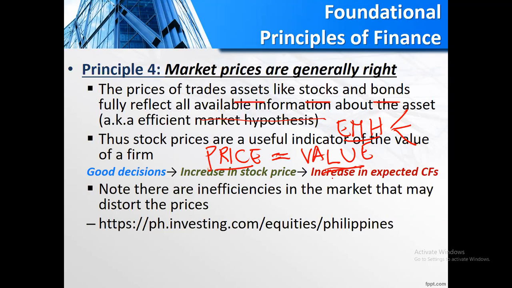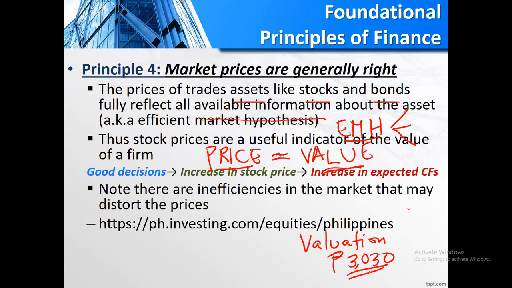So for example, let's say we did valuation. When we do valuation, we use the information about the company and try to come up with a computation for the value of that company. Let's suppose we came up with a value for Globe of 3,030.